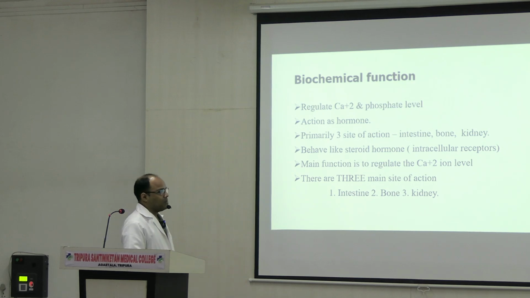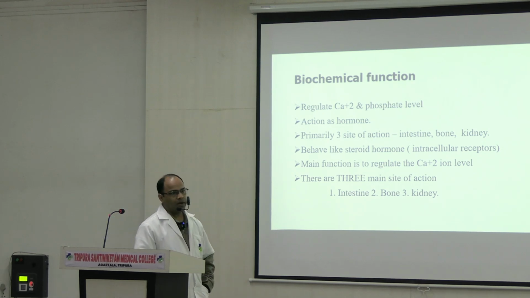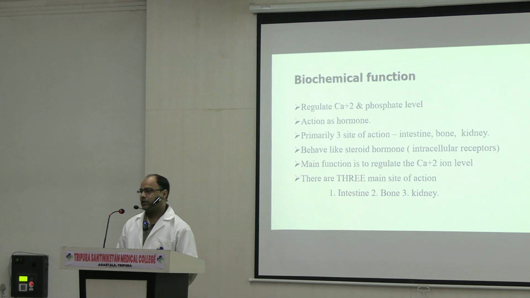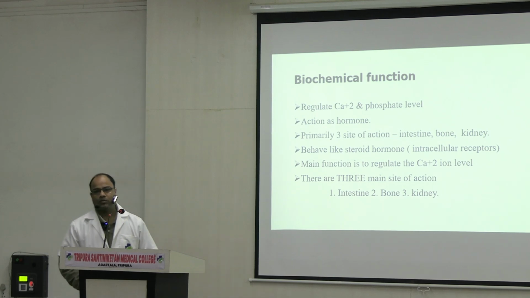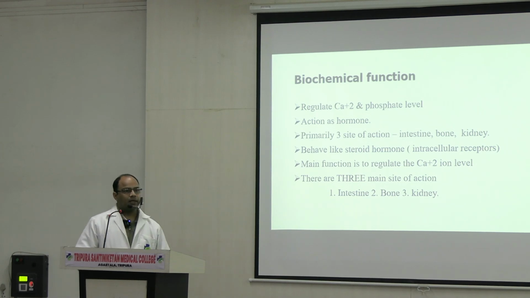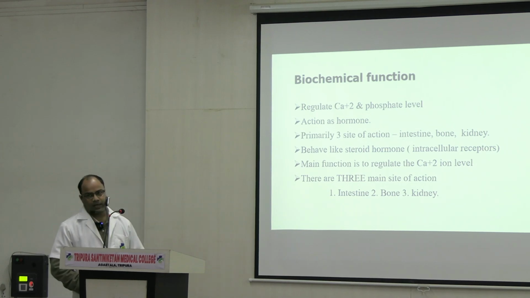The most important function of vitamin D is to regulate the calcium ion level and the phosphate level in our blood. This is the primary function of vitamin D. Next, action as a hormone, as I told earlier.